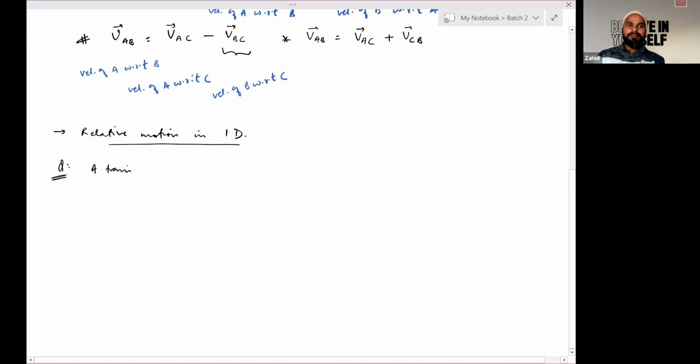A train is going towards east at 25 meters per second with respect to ground.